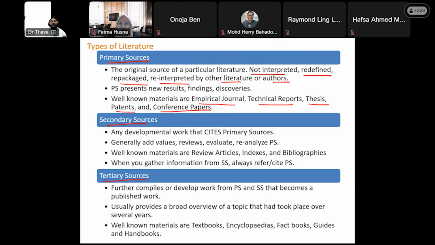That's what we call primary sources. Then we have secondary sources. Secondary sources are basically review articles, indexes, bibliographies. Then we have tertiary sources, which are mostly textbooks, encyclopedias, fact books, guides, and handbooks.